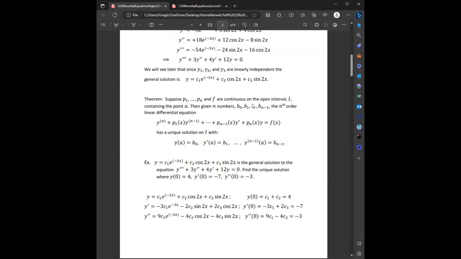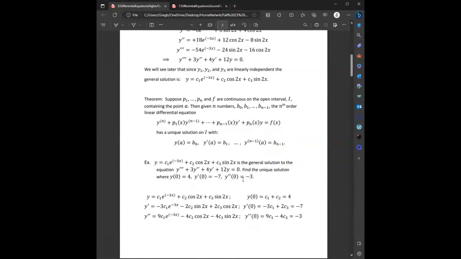I'm guessing we kind of went over this, but I guess you can do it again. So the example is asking us to find a unique solution given the general solution. Because we have 3 unknowns, we just need 3 equations.